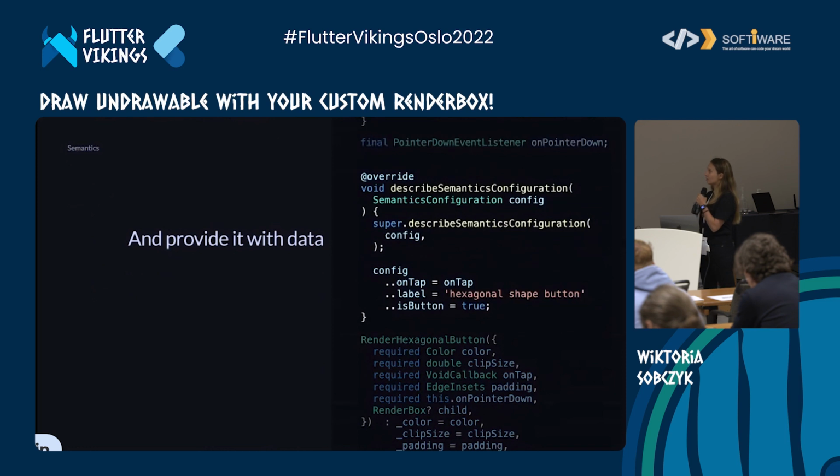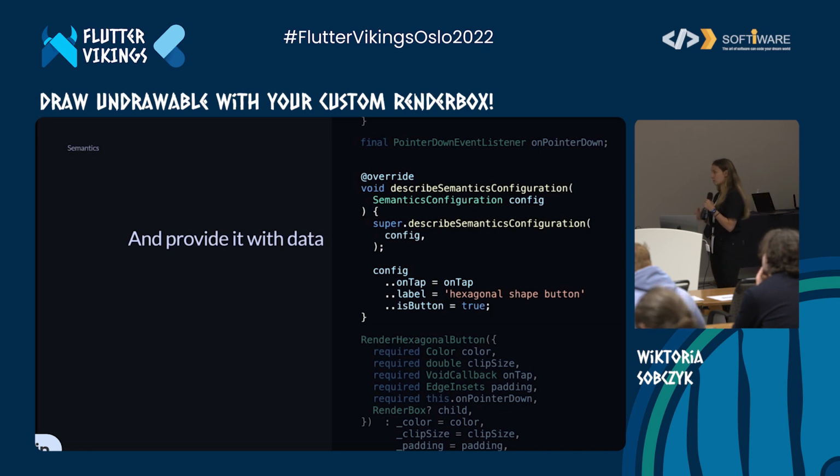To add semantics, we override one method: describeSemanticsConfiguration. In our case, we only define a label, so the screen reader will tell us the text inside the button, and later the hexagonal shape of the button.